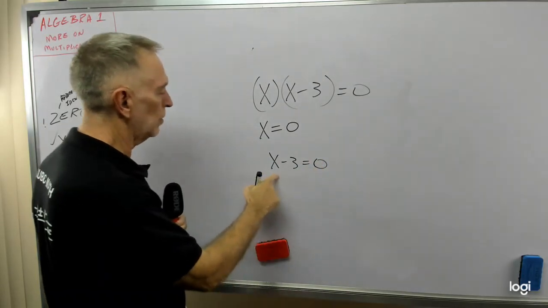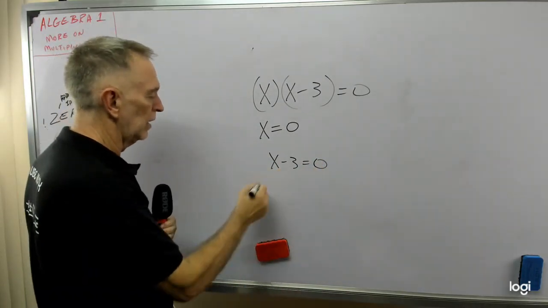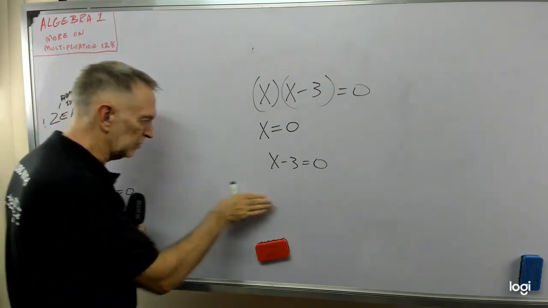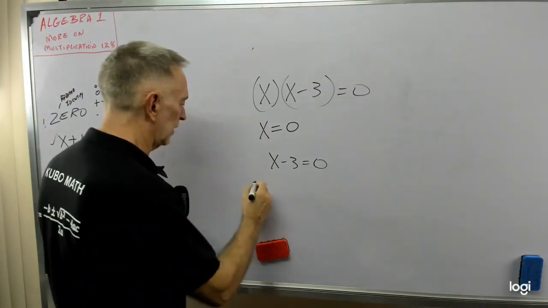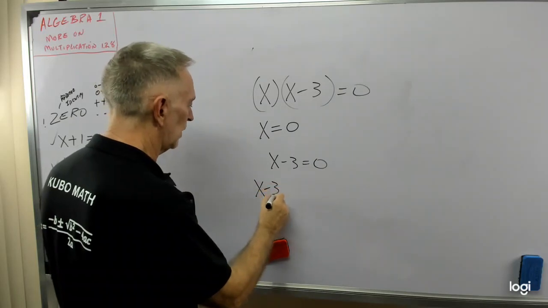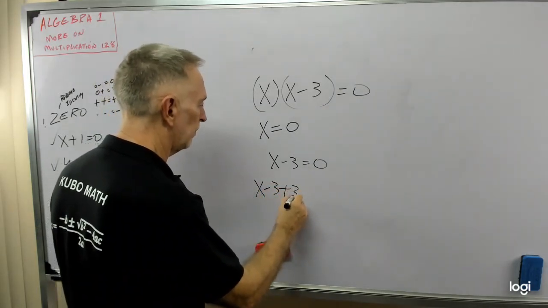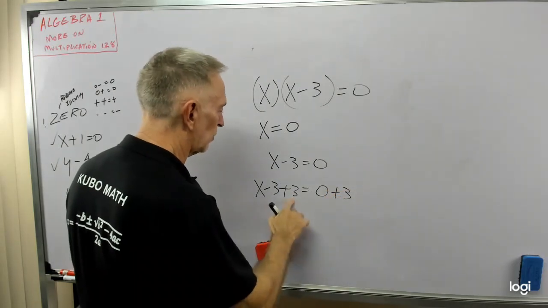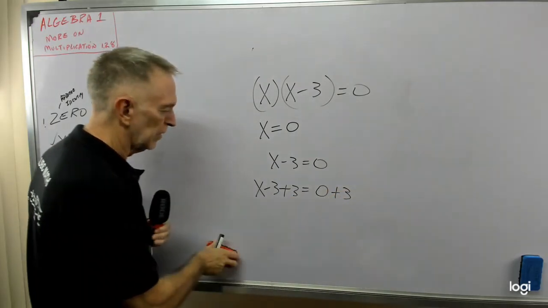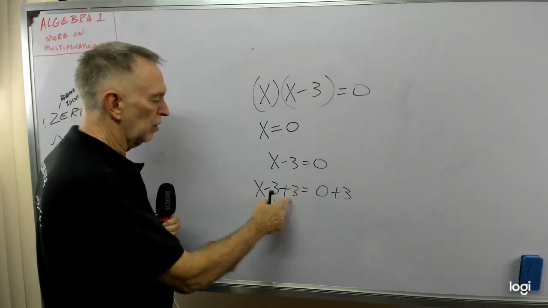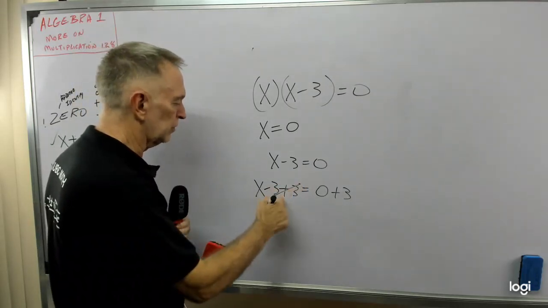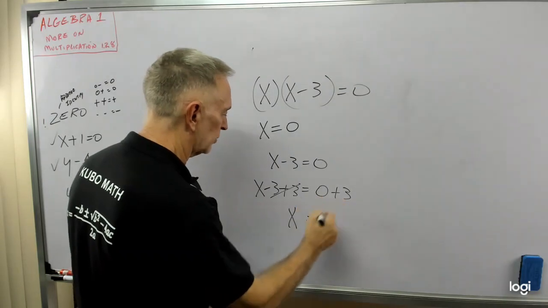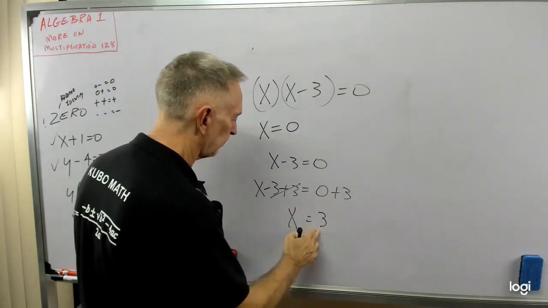Now I have a negative 3, so I'm below the number line. I need to add a positive 3 to that. So x minus 3 plus 3 equals 0 plus 3. I've added 3 to both sides. The negative 3 plus a positive 3, those 3's cancel. I'm left with x equals 0 plus 3, which is 3.